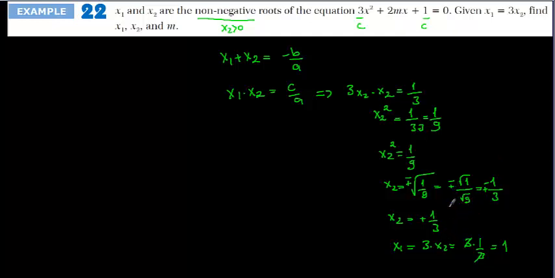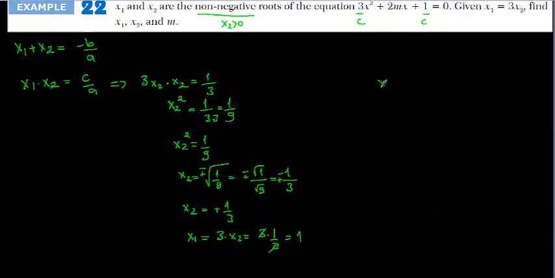And the last one, they are asking for m, and we are going to find m by using the x1 plus x2 formula. x1 plus x2 is equal to minus b over a, which is 1 plus 1 over 3, equal to minus 2m over 3.